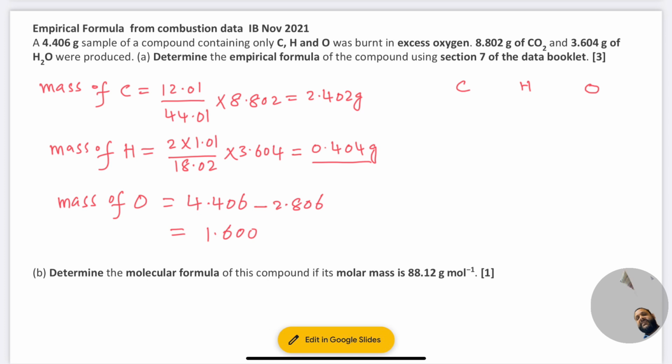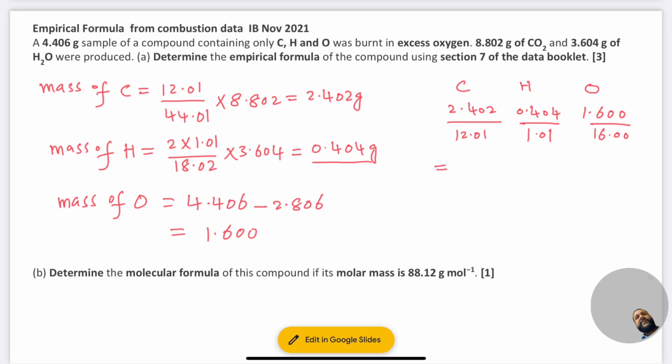So I'll write these masses here: 2.402, 0.404, and 1.600. The first step is to divide these masses by the molar masses, to get the moles. The molar mass of carbon is 12.01, the molar mass of hydrogen is 1.01, and the molar mass of oxygen is 16.00.